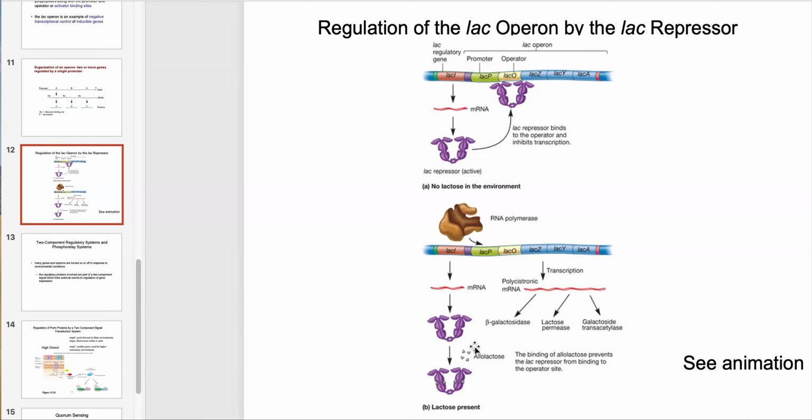Remember that little isomer that beta-galactosidase will make, which will bind to specific regions of the lactose repressor, the lac I repressor, and it won't be able to find the operator. That allows the RNA polymerase to sit on the promoter and transcribe the beta-galactosidase, lactose permease, and transacetylase, which I just mentioned. And so that allows for utilization of lactose.